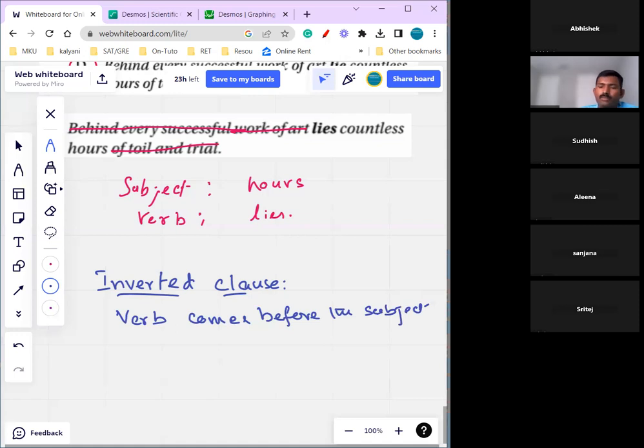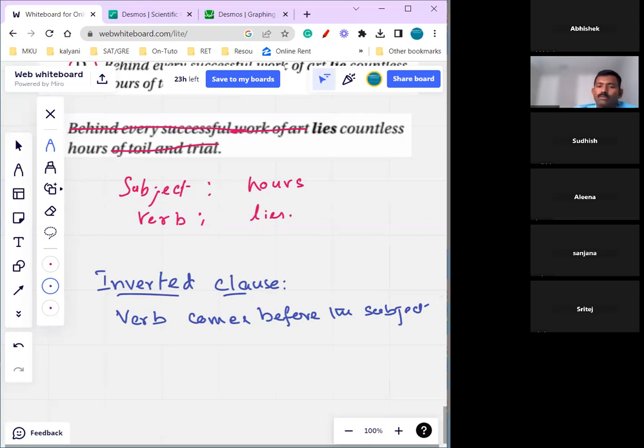Whenever you see the verb come before the subject, it usually starts with a dummy subject, like "there," or "behind," or "there is," or "there are." These are the normal dummy subjects you can see, and it's also preceded by prepositional phrases.